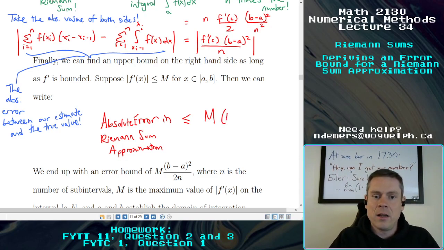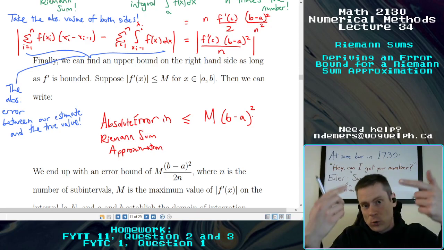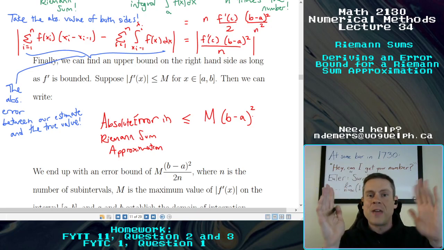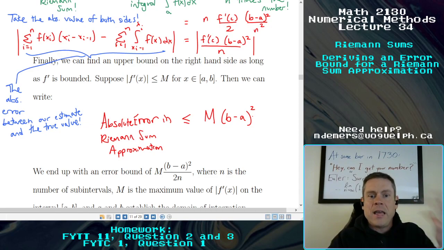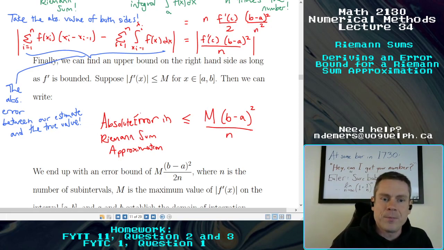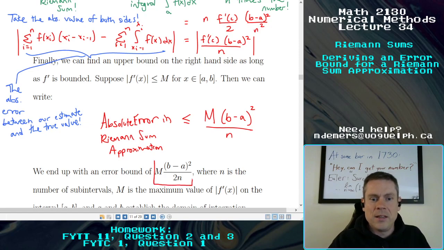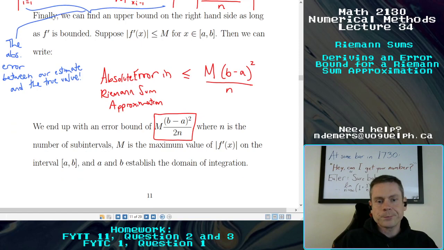And then I'm going to multiply that by b minus a, whatever the length of the interval is, squared. I don't need the absolute value around that because the squared quantity is always positive. And the n on the bottom is a positive number because I have n rectangles, or n subintervals. So this here gives us that upper bound on the error.